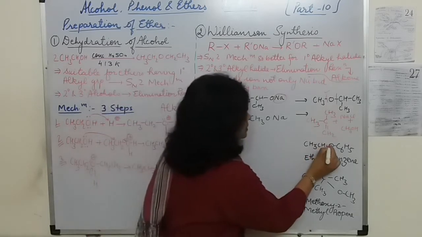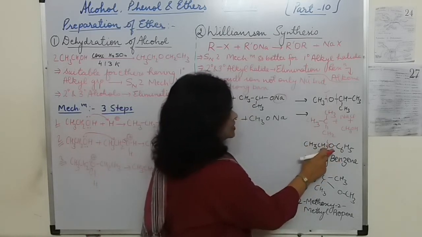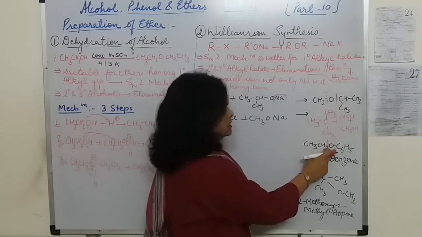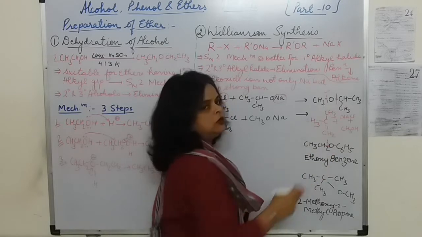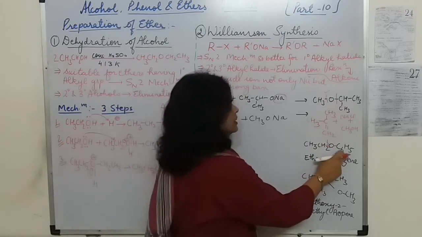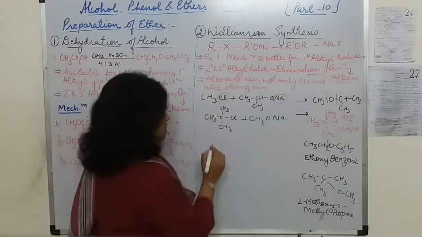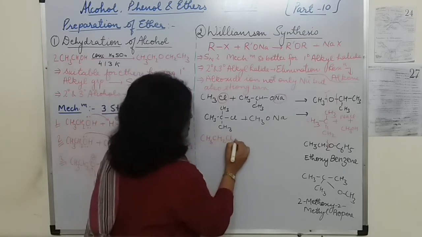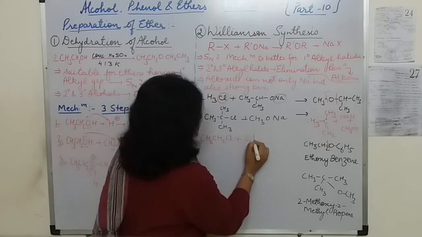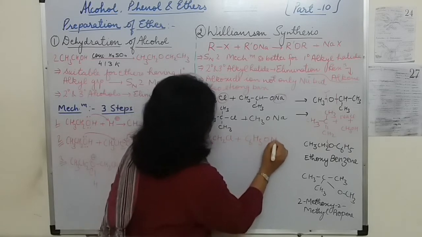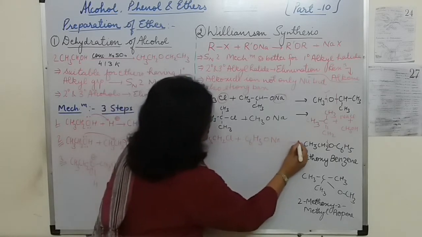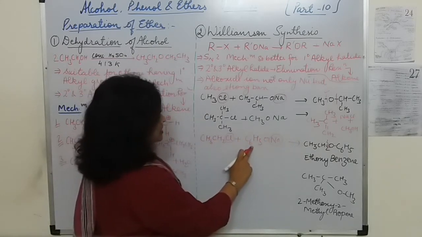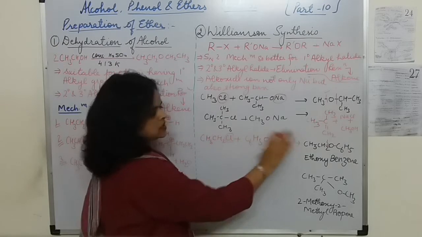So always the break of this carbon-oxygen bond will take place, and this oxygen and carbon bond will not break because this is a benzene ring. So what will be the reagents? CH3CH2Cl plus C6H5ONa. Now this Na will combine with this Cl and you will get C6H5OCH2CH3.